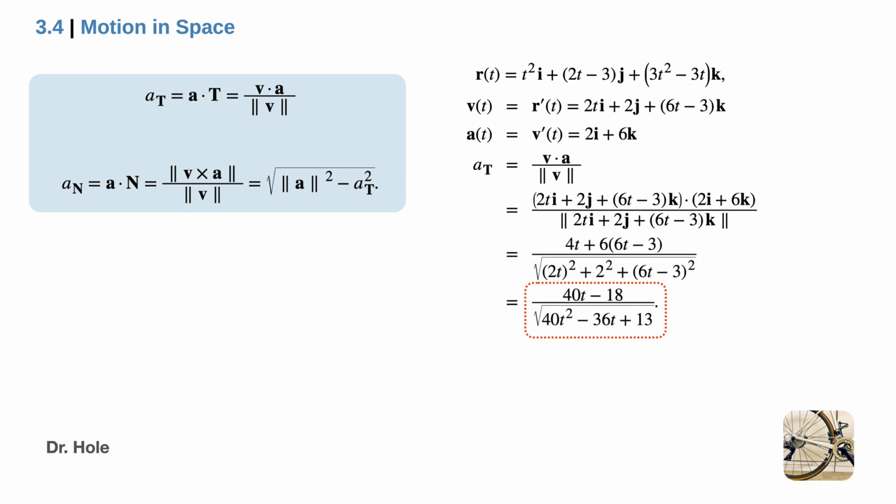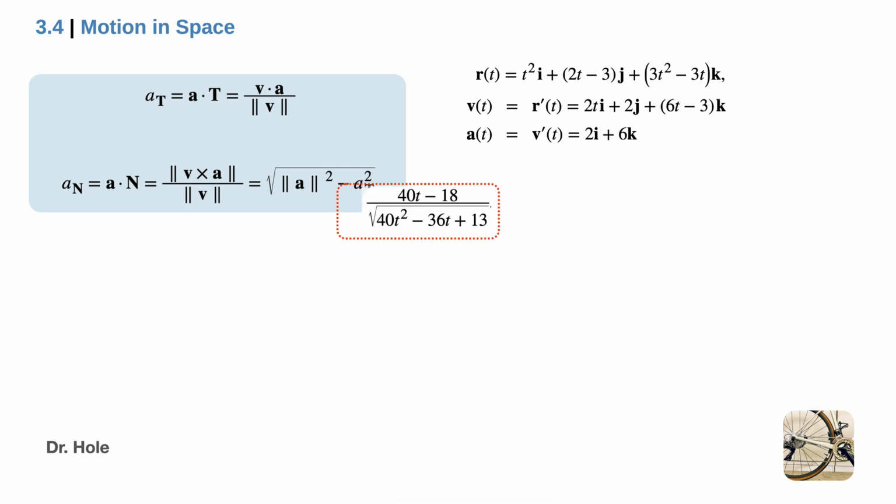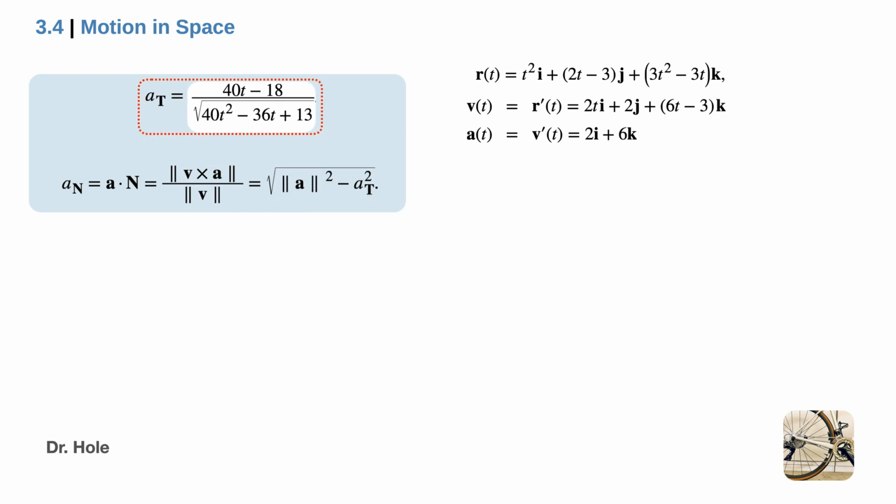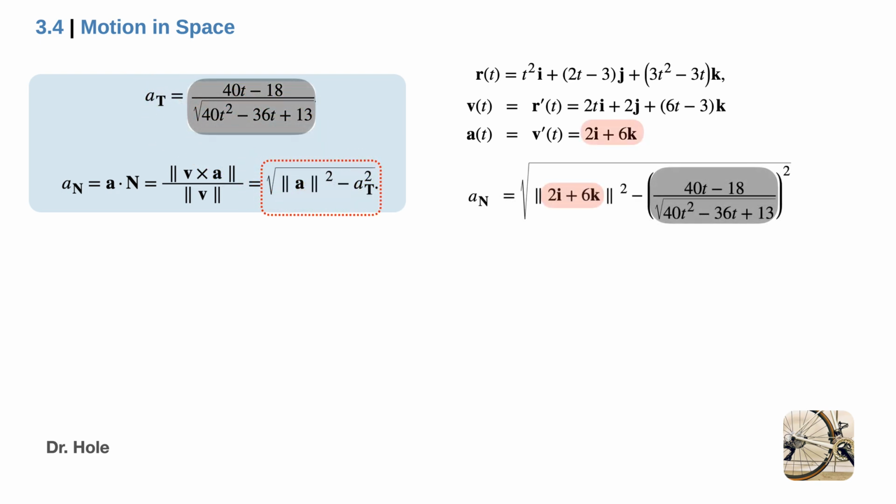And then once you finish with the computation, this is done for all values t, so that we're getting the tangential component of acceleration as a function of t. Good. Let's bring this tangential component off to the side and then move on and look at the normal component. And the normal component is using this.